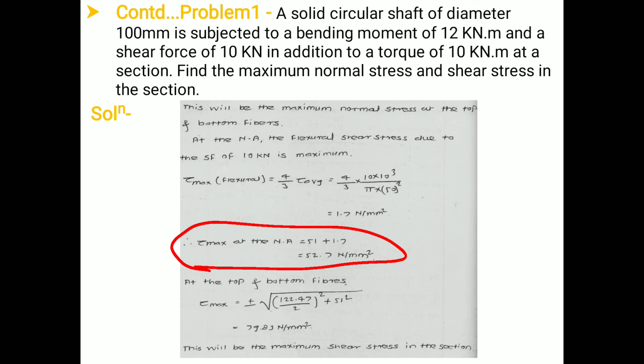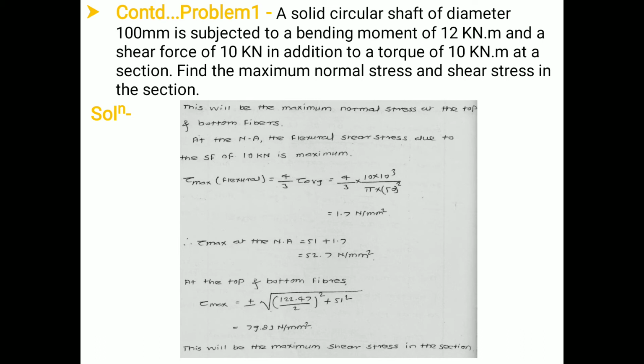So don't add those two values. We will directly find the value of maximum shear stress, and it can be given by plus minus under root of (sigma maximum divided by 2) bracket square plus tau maximum square.